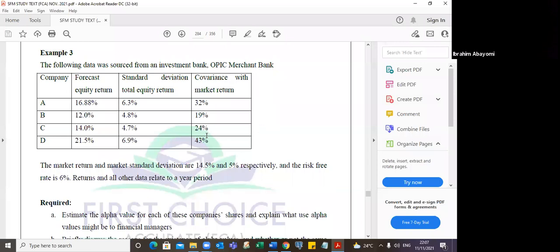The market return and market standard deviation are 14.5% and 5% respectively. And the risk-free rate is 6%.